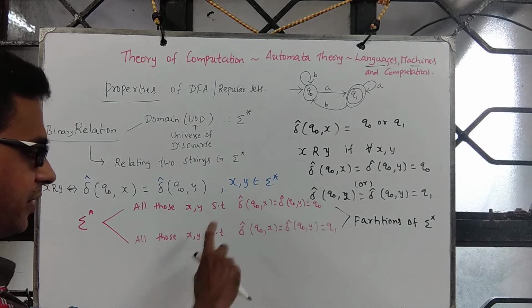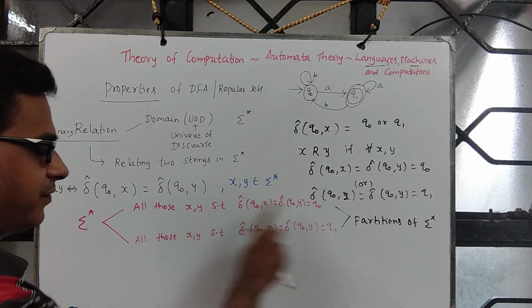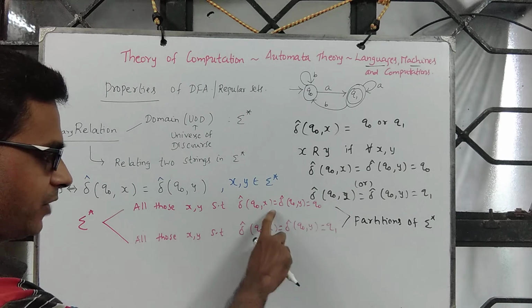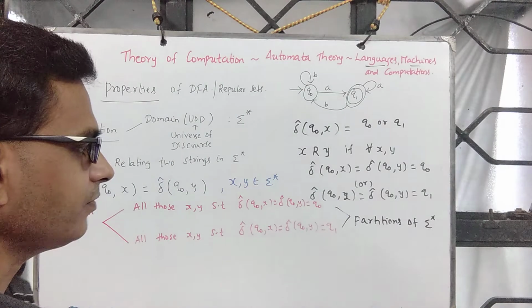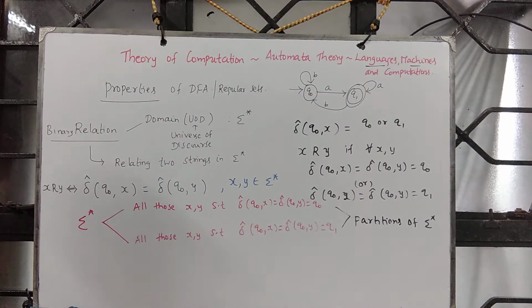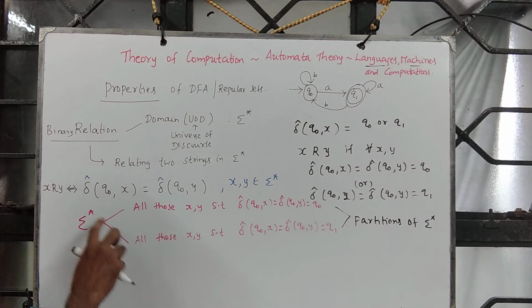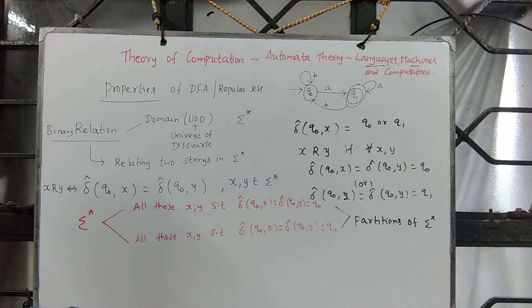That's not possible, because for this x, y, if the output is q naught, it can appear only here, not here. And most importantly, having brought this partition and so on, let's look at something interesting.